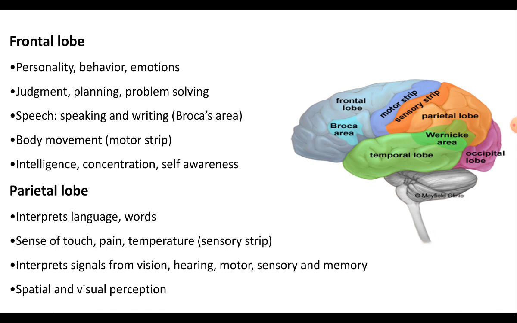The parietal lobe is the area where interpretation of language or words takes place, and it also controls the sense of touch, pain and temperature. This area is called the sensory strip. It also interprets signals from vision, hearing, motor, sensory and memory, and it receives spatial and visual perception.